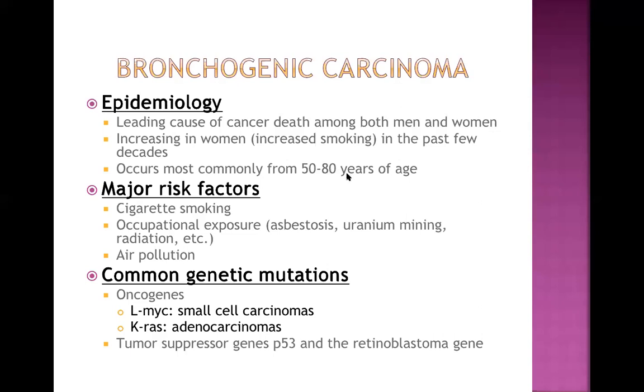One small point: if a young person comes to the hospital with cough and hemoptysis, we think about pulmonary tuberculosis. But if an older person comes with cough, chest pain, and hemoptysis, we think about carcinoma of the lung. This is a very important entry point.